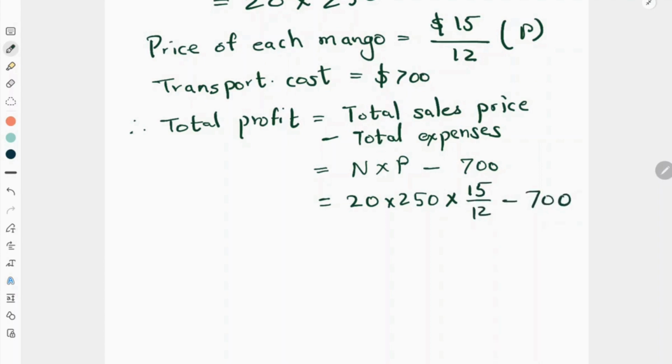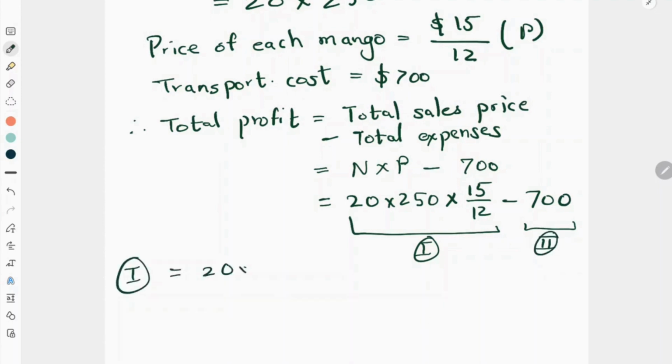And now instead of handling this large expression by itself, let's call this expression 1 as usual. This is expression 2, which is just the number 700. So expression 1 is equal to 20 times 250 times 15 divided by 12. Now we can simplify this fraction.